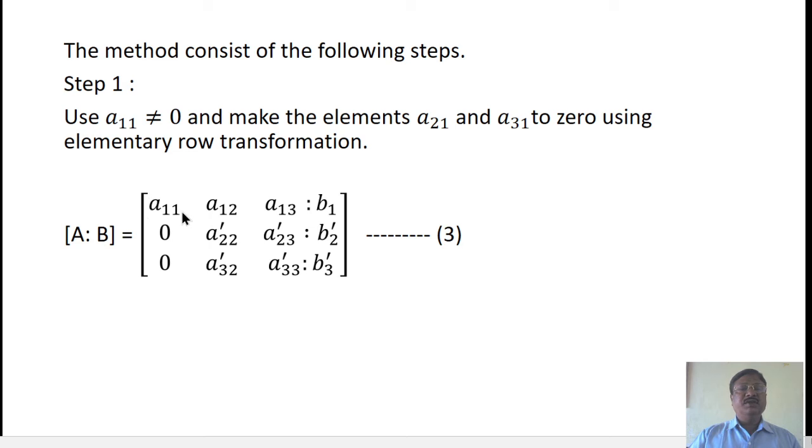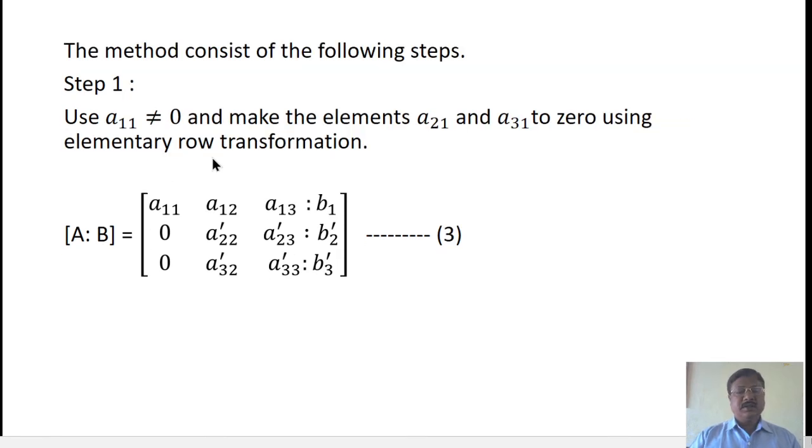Now here we have used a11 and made a21 and a31 to 0, where it reduces to a11, a12, a13 colon b1, 0, a22 dash, a23 dash colon b2 dash, and similarly a32 dash, a33 dash colon b3 dash. So here you are observing the dash, which is nothing but the change in the original value of the elements.